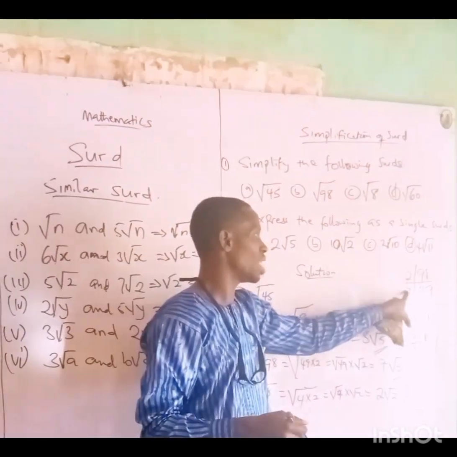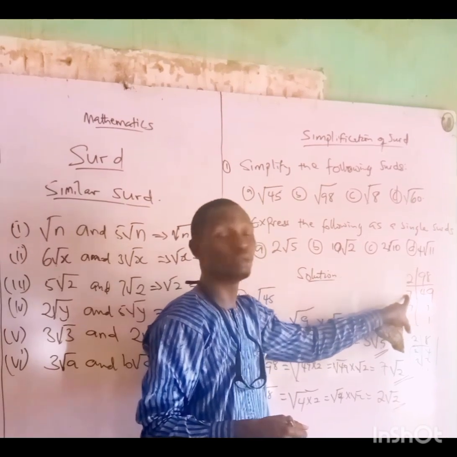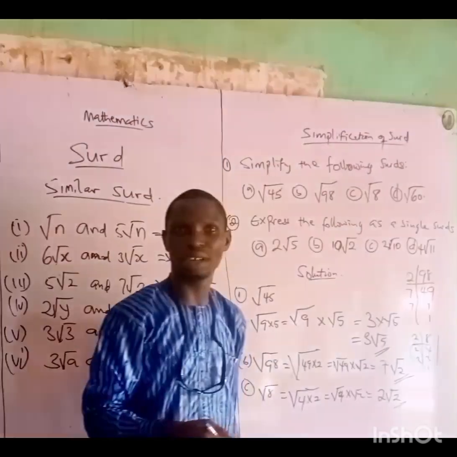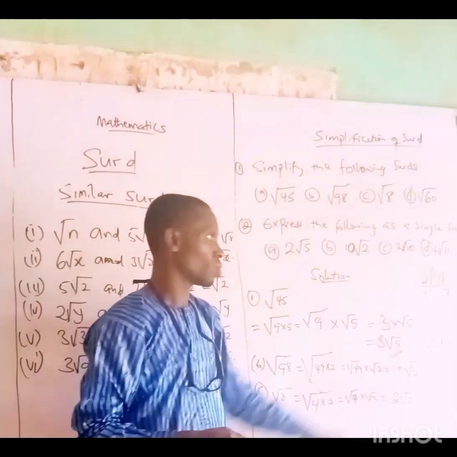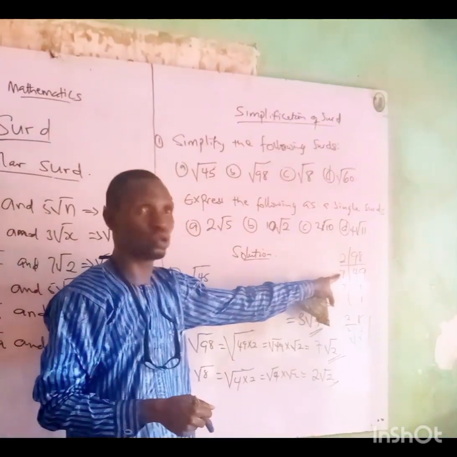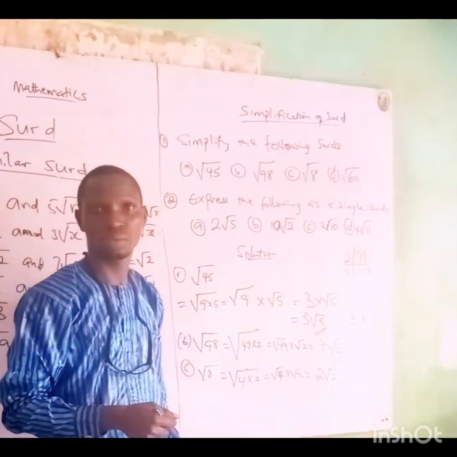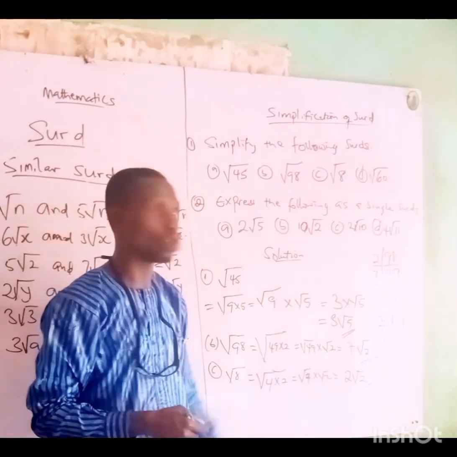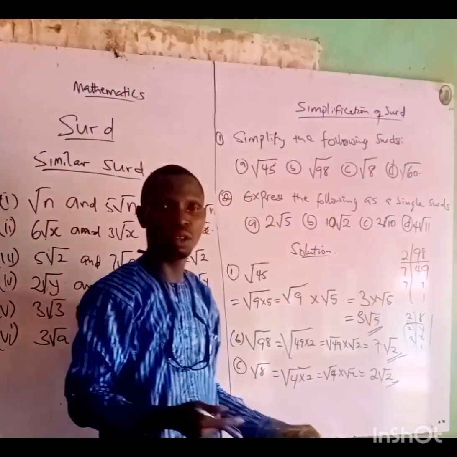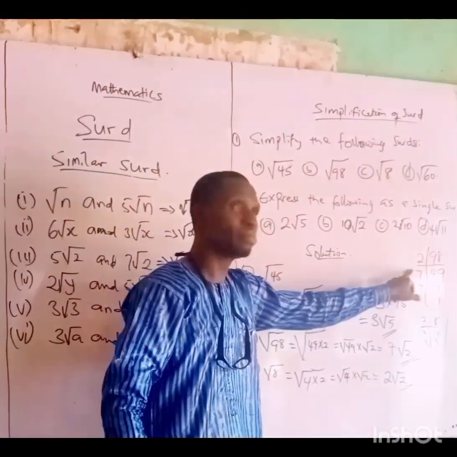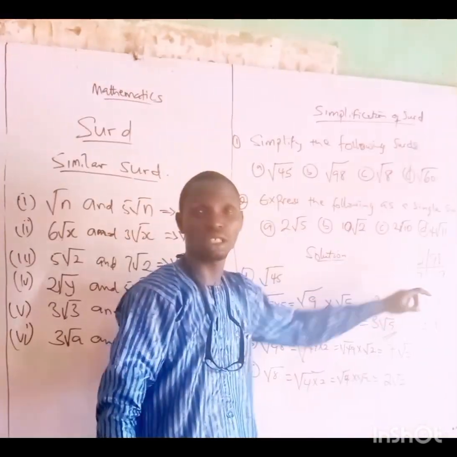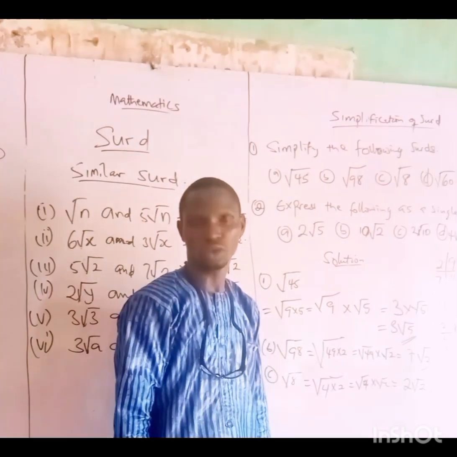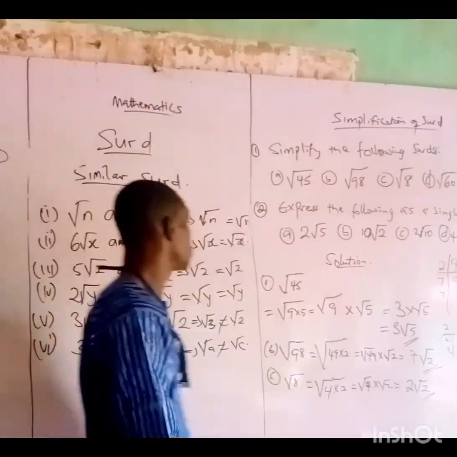We did not pick 7 and 2 because the answer will not give us a perfect square. When you multiply 7 and 2, you have 14. That will not give you a perfect square, so we are not picking them. So we are picking two numbers that are the same, so that by the time you find the square root, it gives us one of the two numbers. Do we get that? Very good.